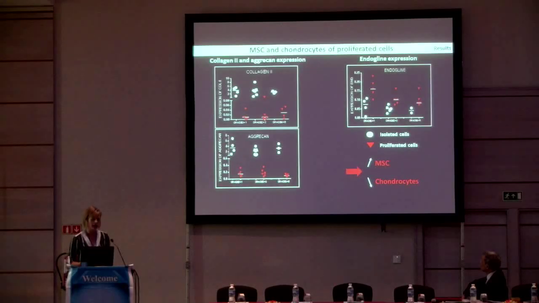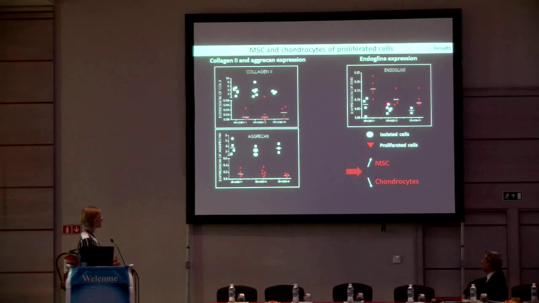And then after, we wanted to see which kind of cells we have after proliferation. And if you take a look at the markers of chondrocytes, you can see that collagen 2 as well as aggrecan are decreasing after the proliferation step compared to the level in the cells just after isolation.